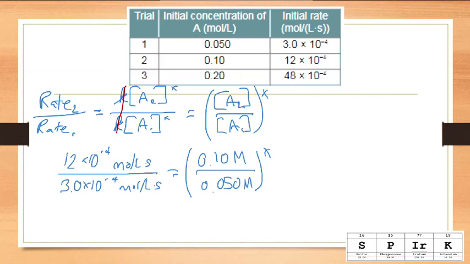When we divide 12 times 10 to the negative 4 by 3 times 10 to the negative 4, we get 4.0. And those units are going to cancel out. When we divide by the same unit, they cancel. So it's just 4.0 equals 2.0 raised to the x.